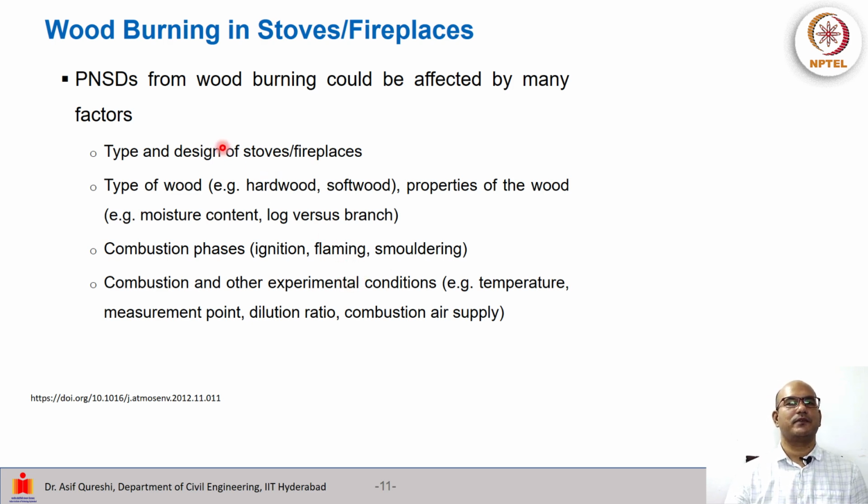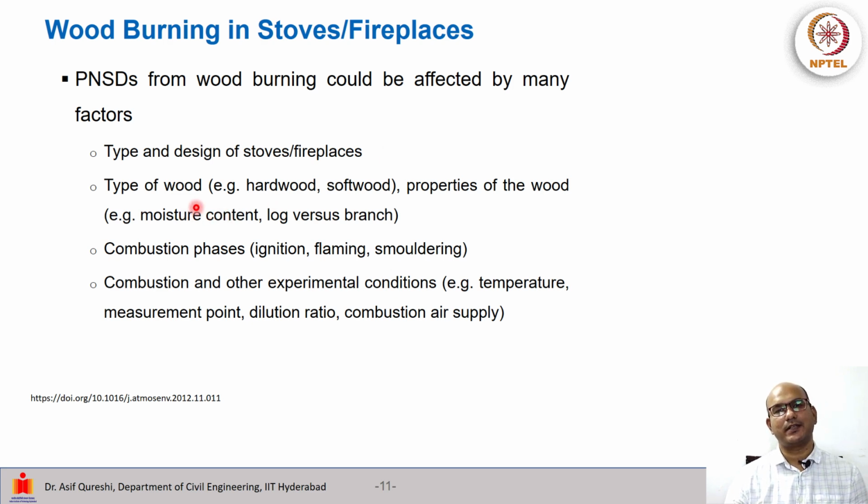It has also been reported that the particle number size distributions from wood burning could be affected by many factors, such as one could be the type and design of stove and fireplaces. So that will affect how the wood is burned and the extent to which the wood is burned.